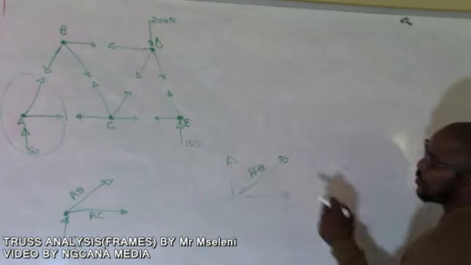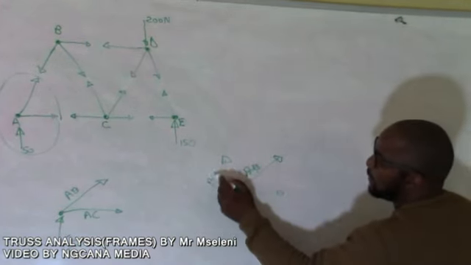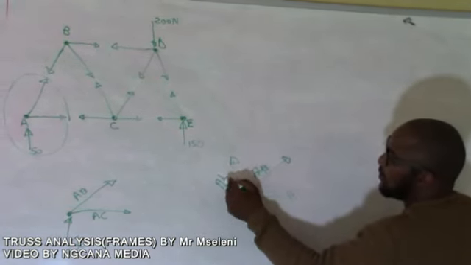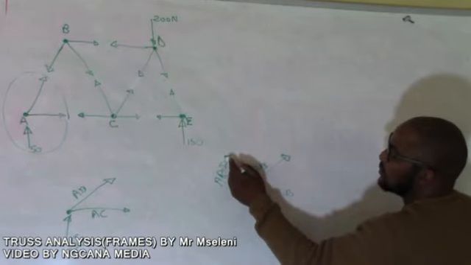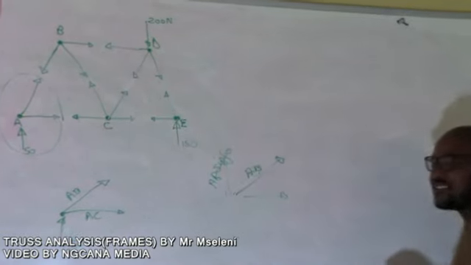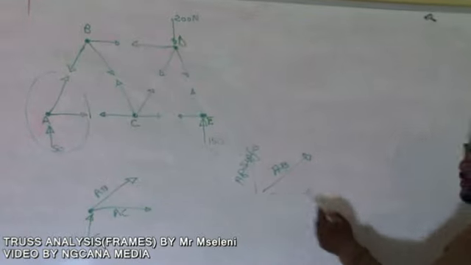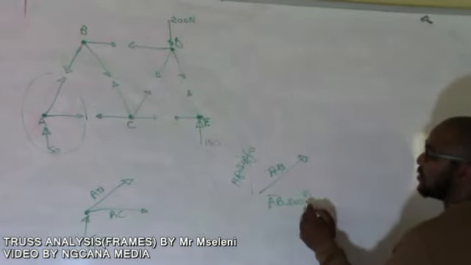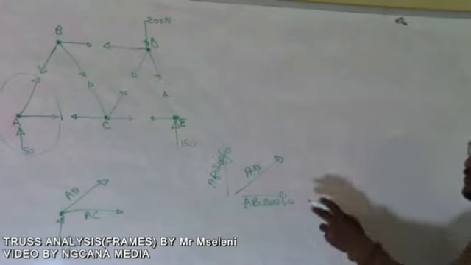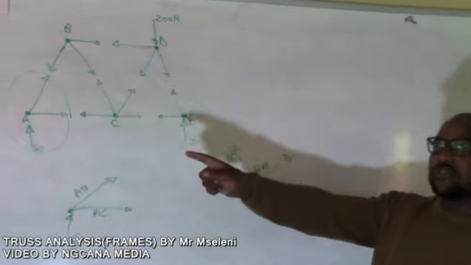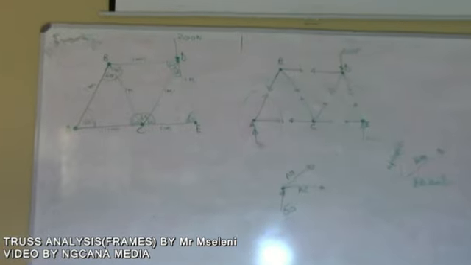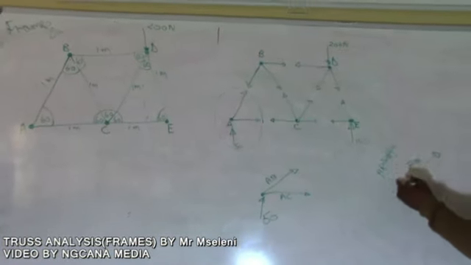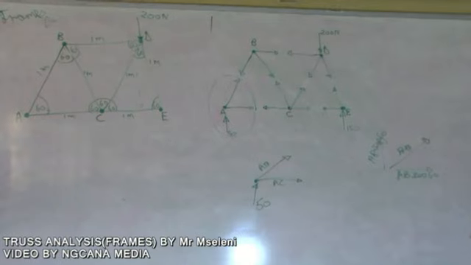You're going to name this component AB sine 60, because it's the y component of AB. And on this side we're going to have the component AB cos 60 degrees, because if you remember, on the first structure all the angles that we had were 60 degrees.